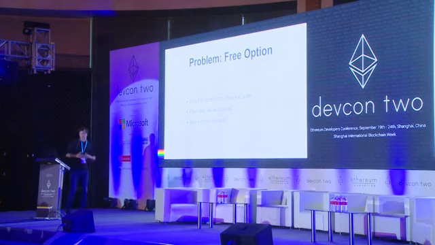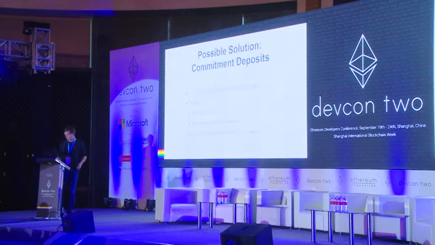You have this problem if there are long timeouts, if there's a longer period where this situation can exist. So if we had that for a decentralized off-chain exchange, that would not work. It would be exploited, and that would probably not be a workable market.